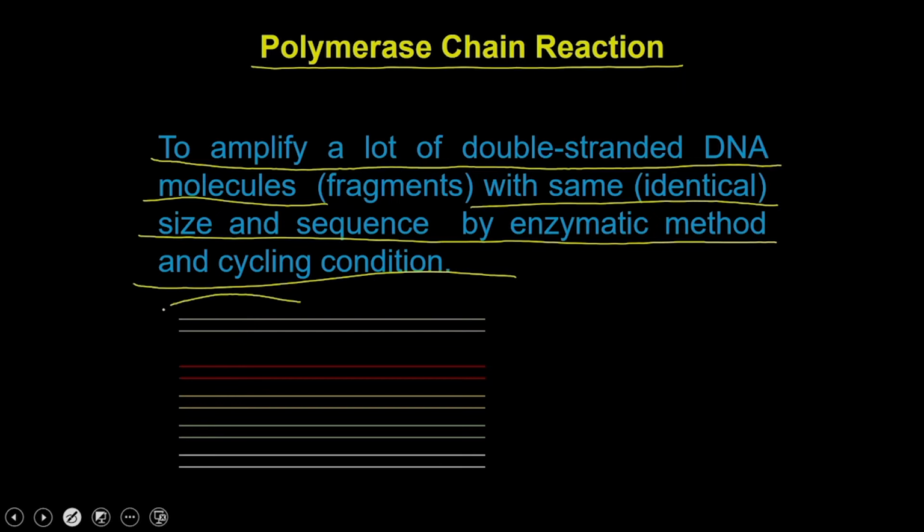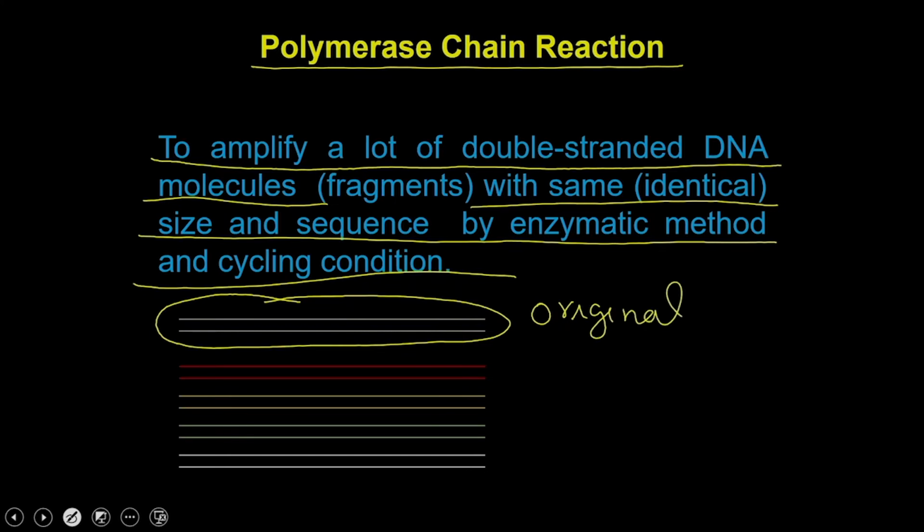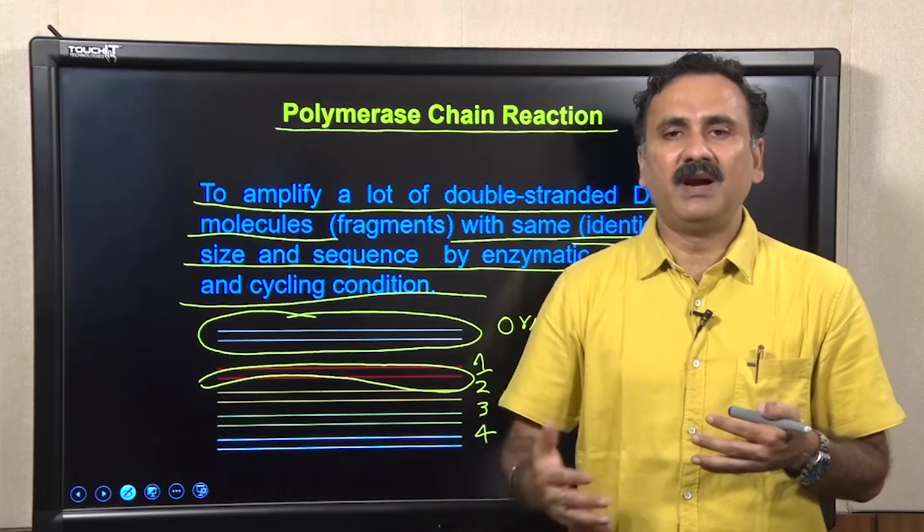What it means is that you have the original DNA, and this original DNA is amplified for multiple cycles, and that is how you get multiple copies, like the 4 copies here, which are identical, which means the sequence of all these fragments is identical to the original sequence, and also they are amplified with the help of the enzymes.